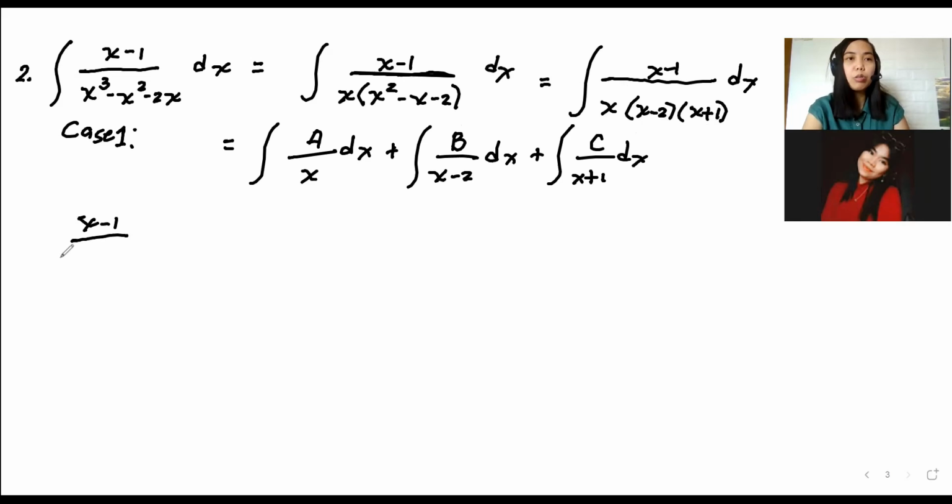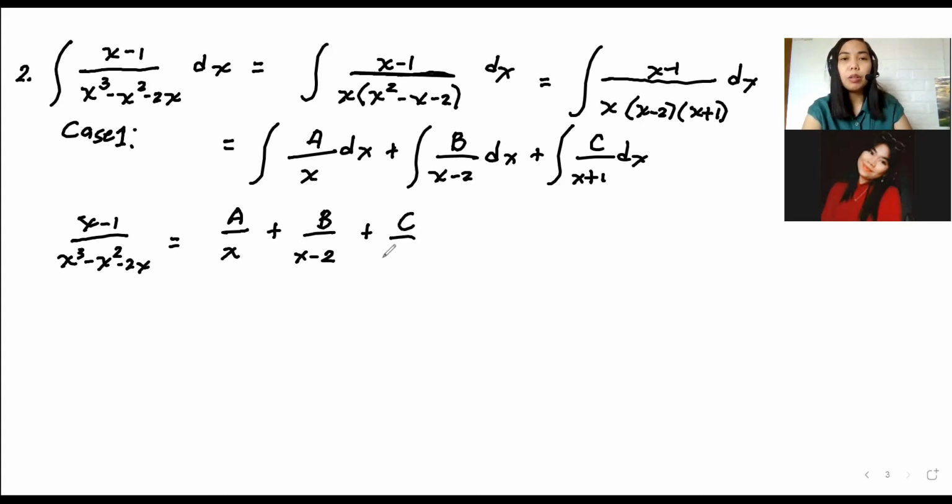Using partial fractions, x minus 1 over x cubed minus x squared minus 2x equals A over x plus B over x minus 2 plus C over x plus 1.